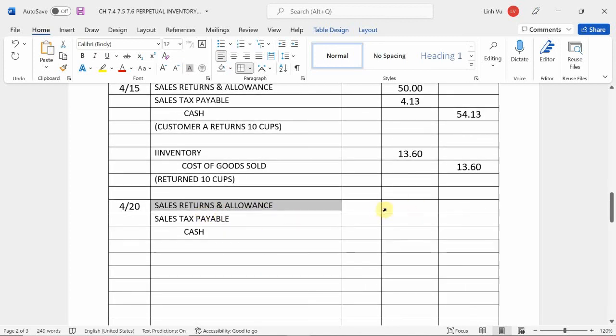So in this case, 25 cups were sold but are discounted for 15%. Is it 125?